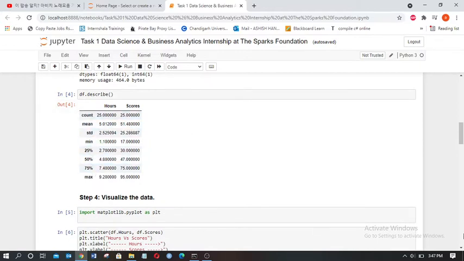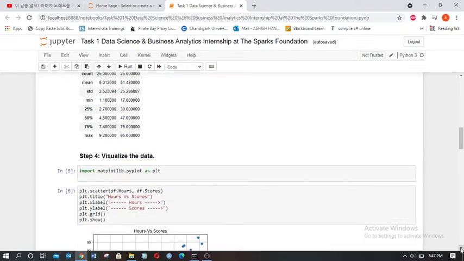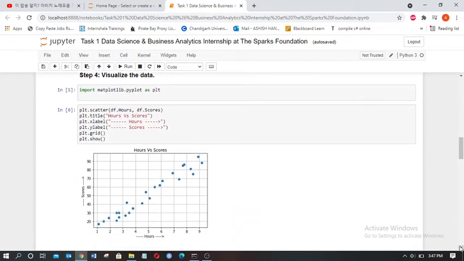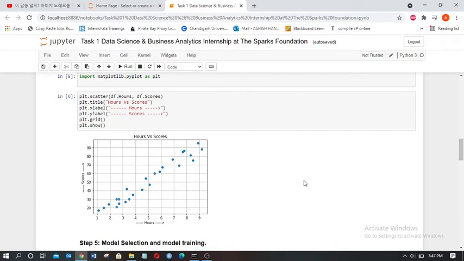Now for the visualization section I have imported the matplotlib library. In this we have divided our data in two parts, for the x-axis I have plotted hours, and for the y-axis I have plotted scores, because scores is dependent on hours.